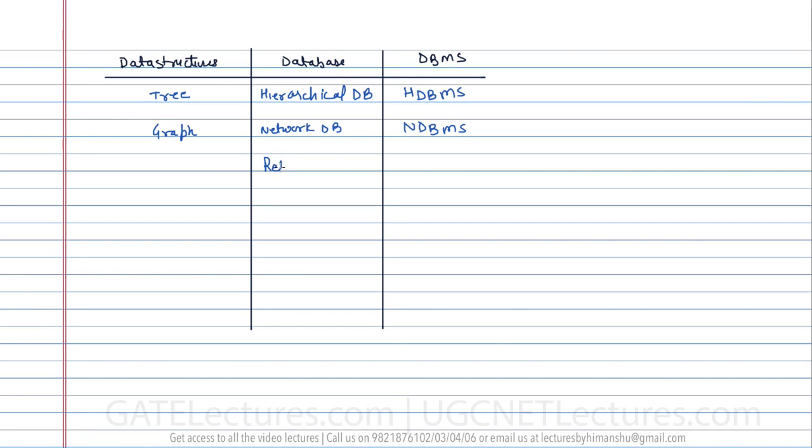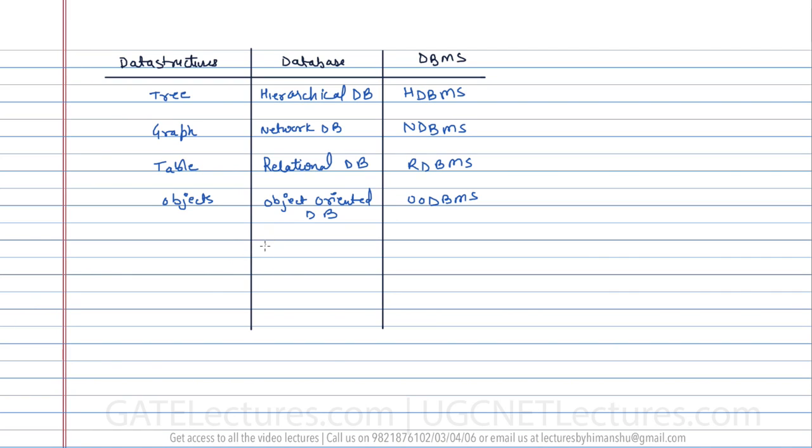Then we have a relational database. It's also called RDBMS, and the underlying data structure is tables. Then we have object oriented databases, called OODBMS, and the underlying data structure is objects.